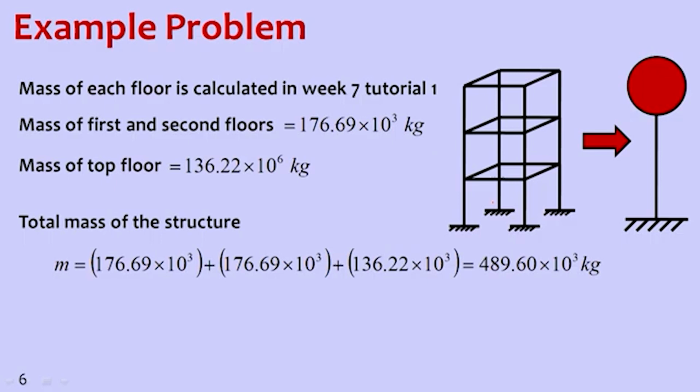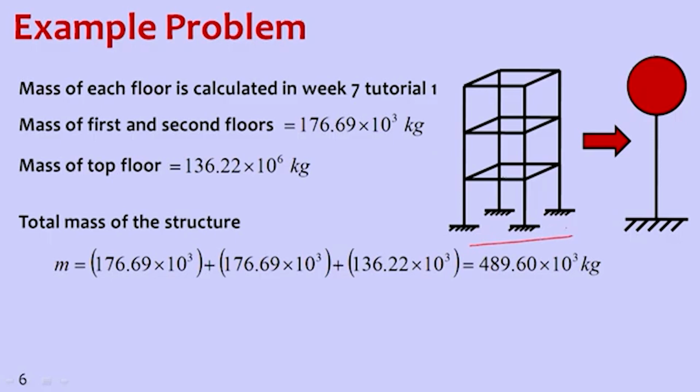As we have already discussed in the week 7 tutorial, mass of each floor is calculated, and mass of first and second floors is 176.69 into 10 to the power of 3 kg, and mass of the top floor alone is around 136.22 into 10 to the power of 3 kg. So all put together, we are calculating the mass of the total structure.